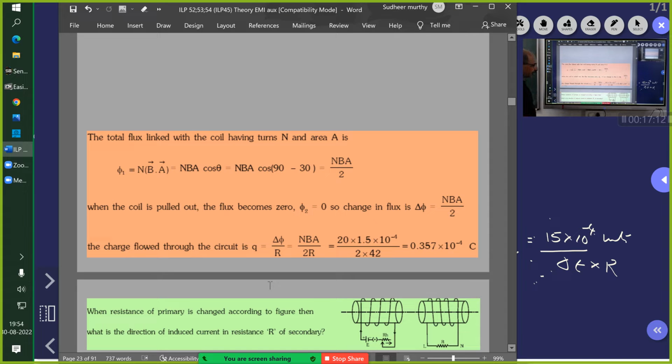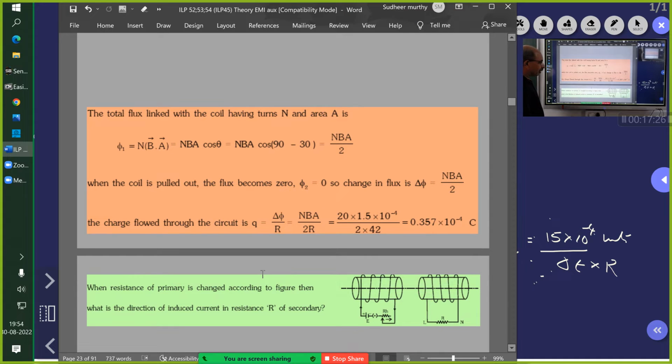He has directly written it, but anyway, we will also get the same answer. We got 15 into 10 to the power of minus 4 divided by 42. Same result. Okay, done. Now, don't sit and calculate. You should focus on whatever I am telling you. Right now in the class, you are completely under my control, and you should just do what I am trying to tell you.